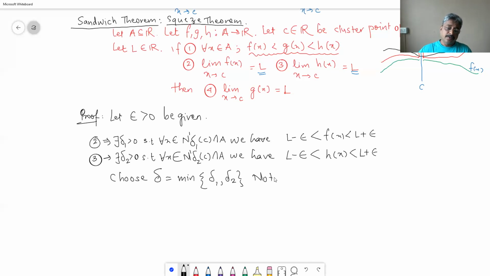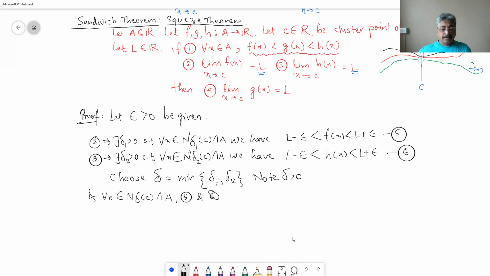Note delta greater than 0, and for every x belonging to the deleted delta neighborhood of c intersection A, both 2 and 3, not 2 and 3, 4, 5 and 6, 5 and 6 are true.